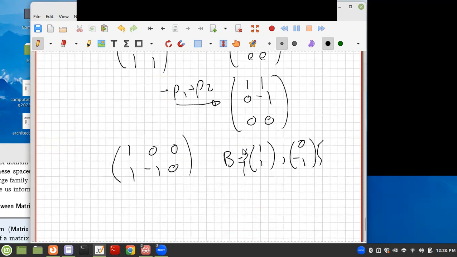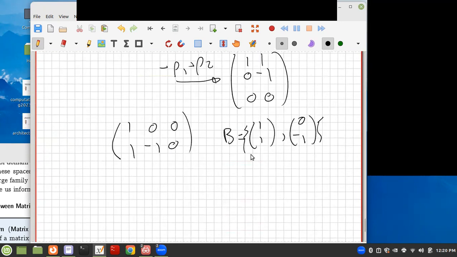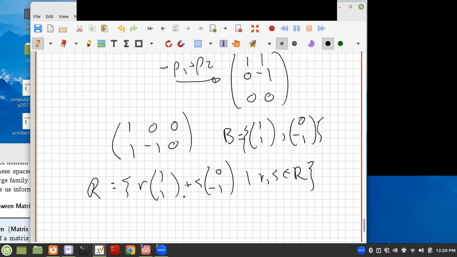But there's two ways to find the range space. So we can say here that the range space equals, say, R times (1, 1) plus S times (0, minus 1) for R and S members of R. And those are two different bases for the same space, but still a representation of the same space.